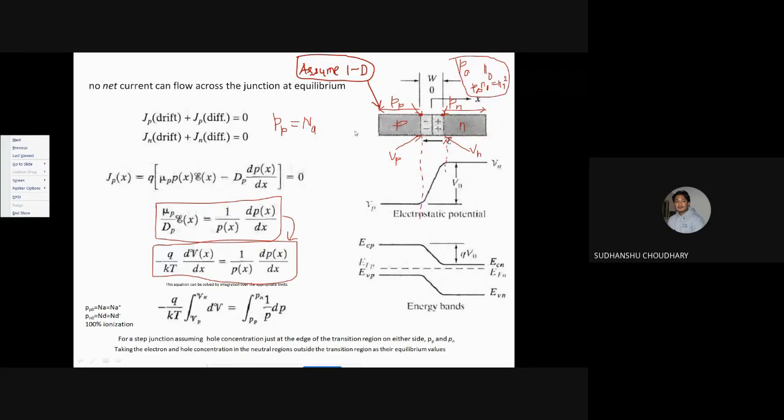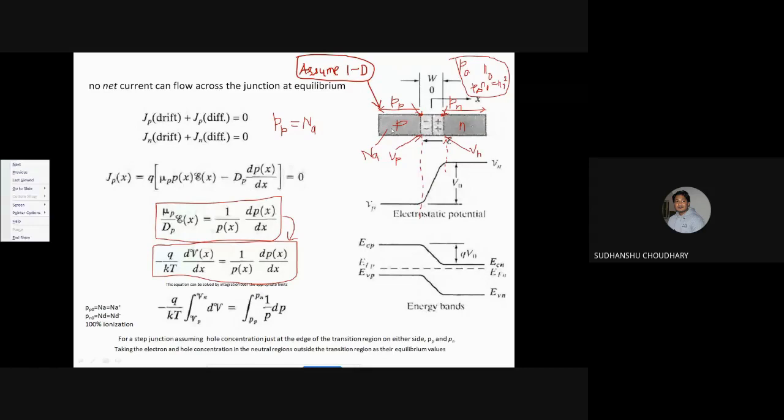If you remember, some time back we commented that to make a semiconductor p-type or n-type, you need to dope it with acceptor or donor impurities. To make it p-type, I have to dope it with acceptor impurity.